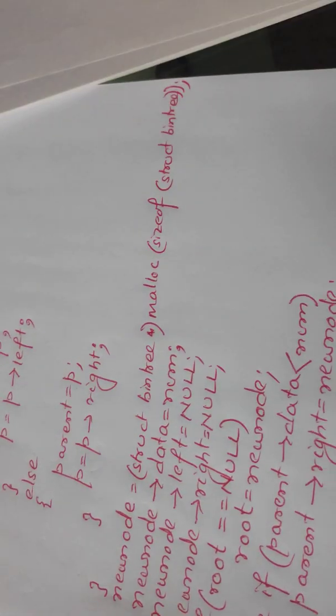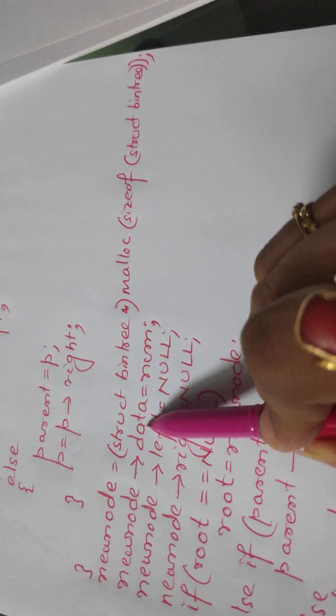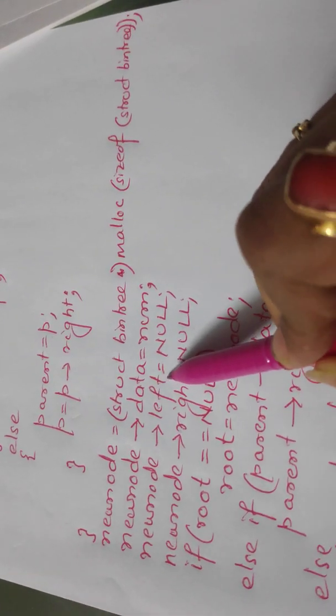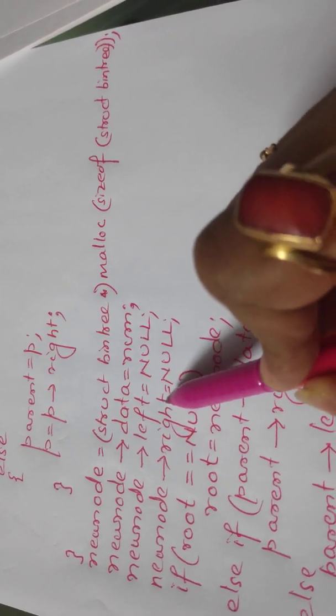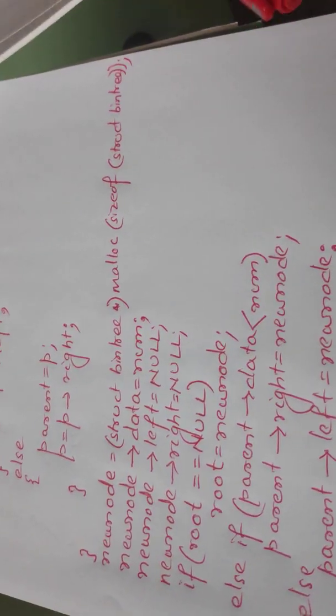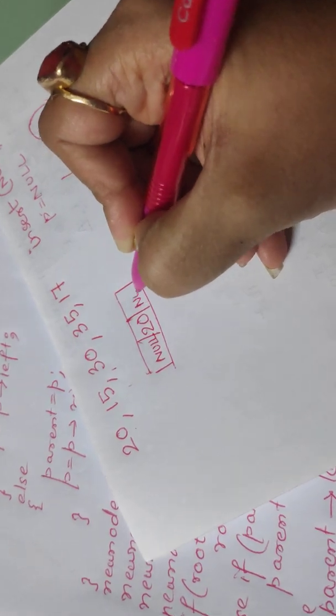Similarly over here, when we are creating a node and putting the data in the node, the address of the left and right child of the node will be null, because a new node always has left and right child as null. So the left side will be null and the right side will be null.